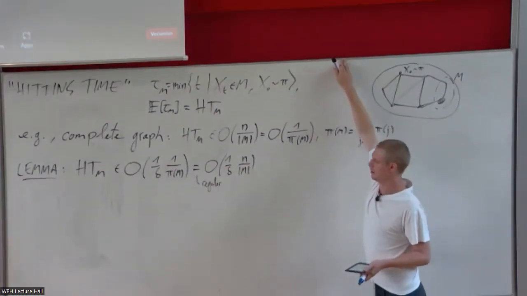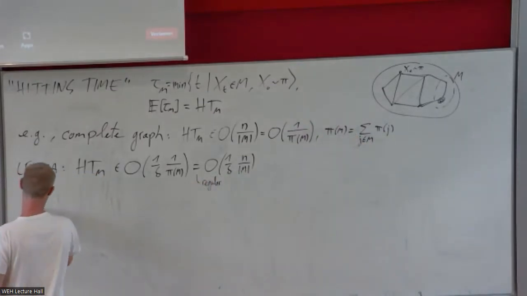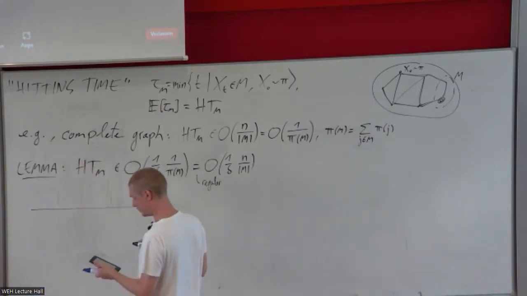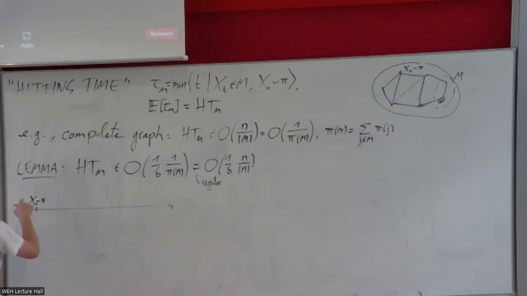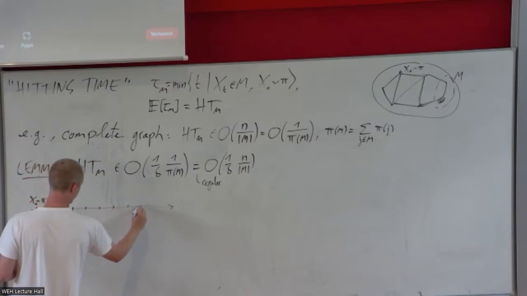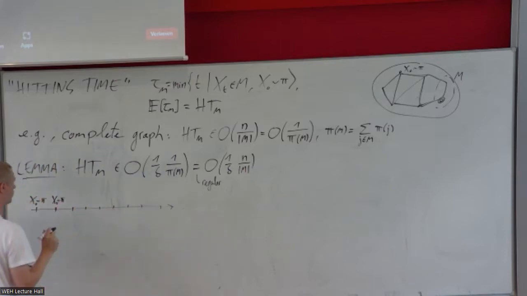A picture can help a little bit here. Imagine you have this timeline, where you have an initial point, x0, drawn according to pi. And what we've just been arguing is that if you look at the timeline, then x1 would also be distributed according to pi.